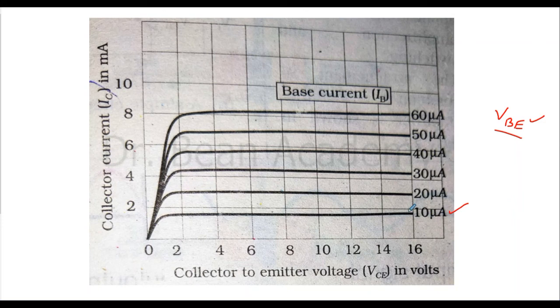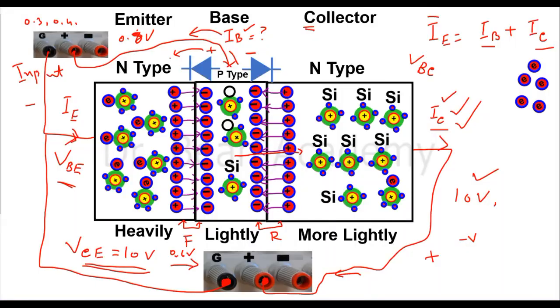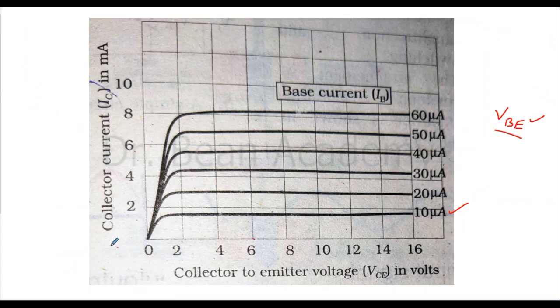Now I will come to the output part, because here I have the choice, I can change this voltage. If you see, this is a DC power supply, and I can just move the knob to increase this voltage. So I can just start from 0, and then I will measure the current IC. Because now that current is fixed, I will not change the input. VB is fixed, and the corresponding current which is coming from the base is 10 microampere. Now I will come to the output.